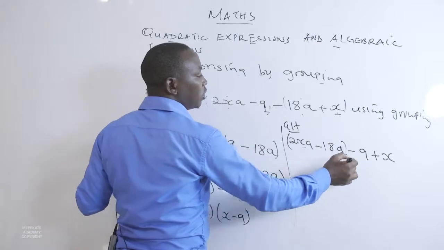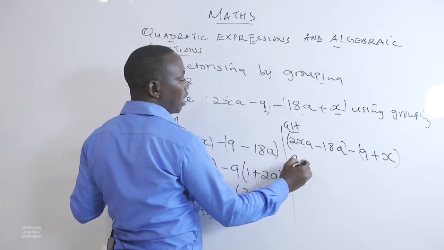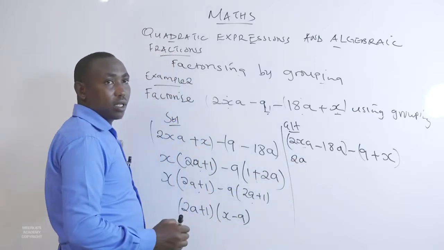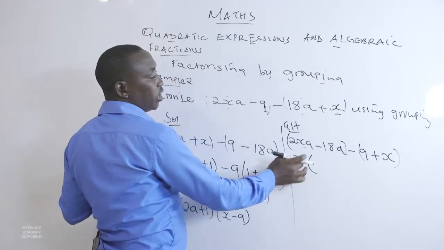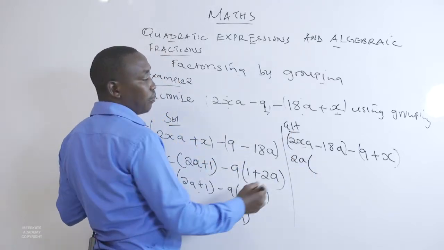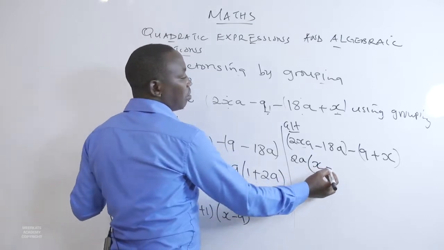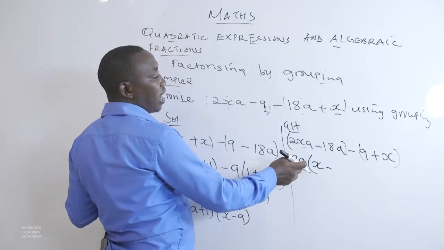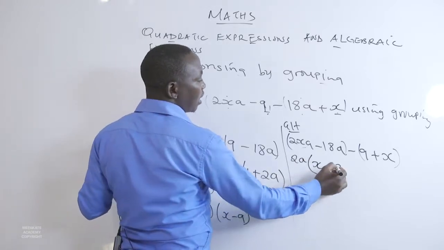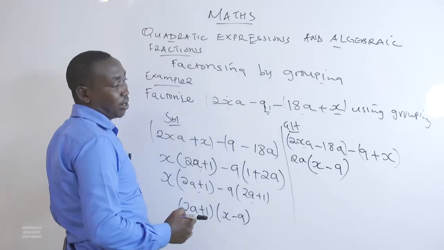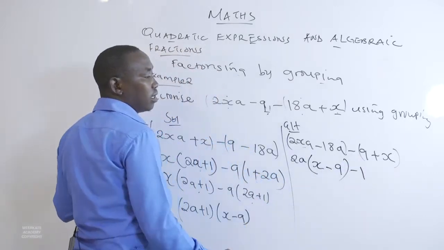So we now group them into pairs of 2. The common term here is going to be 2a. And this means 2a goes into 2xa, x times, subtract 2a goes into 18a 9 times, subtract. A common factor here is 1.